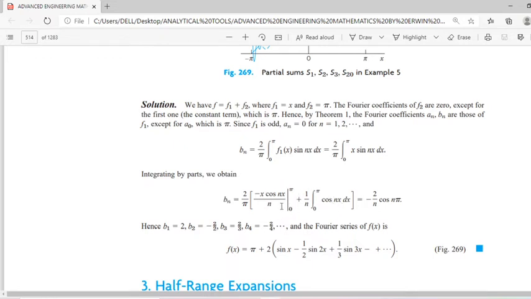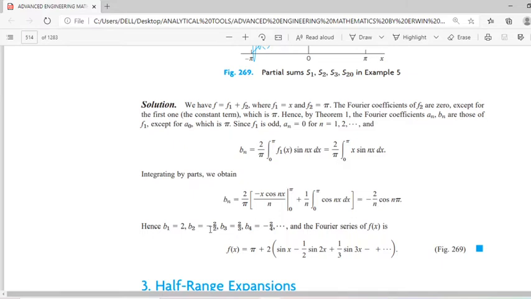So you can use that formula and you will get minus 2 by n into cos n pi. So if we put n equal to 1, cos pi will be minus 1, so b1 equals minus 2 into minus 1, that is 2.